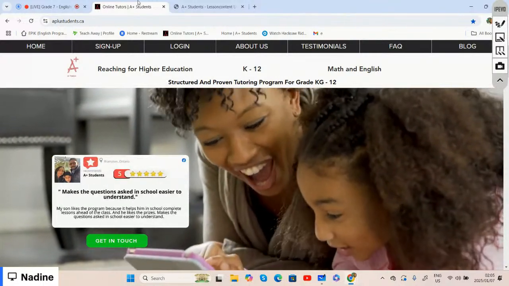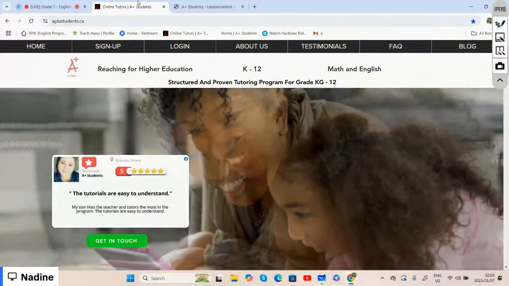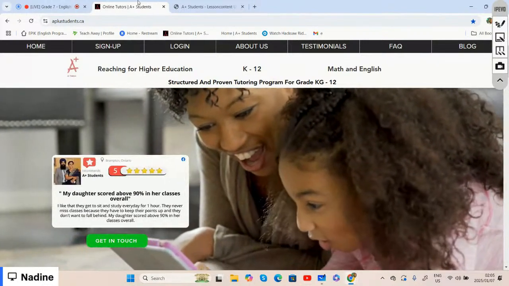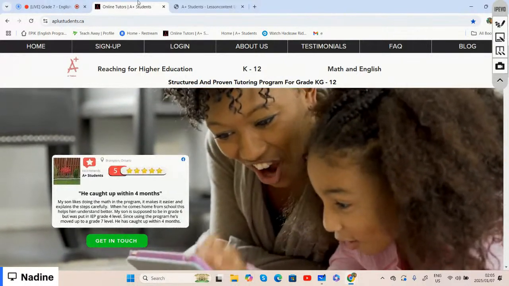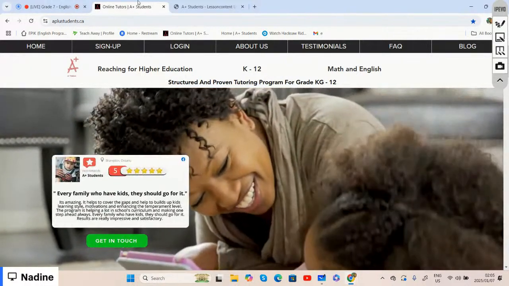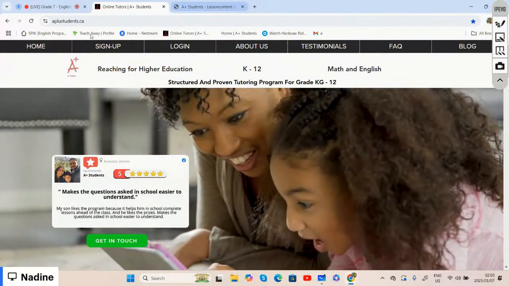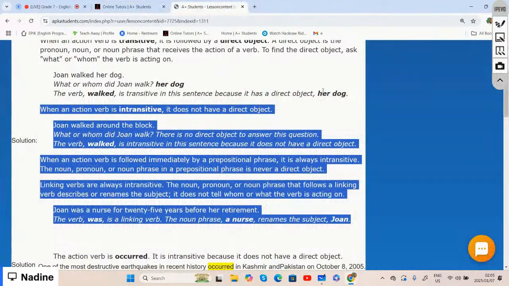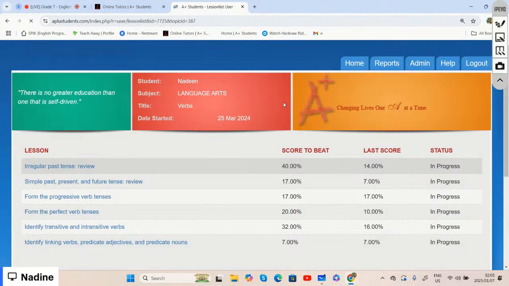We're doing grade 7. Then we're going to scroll down until we get to our chapter on verbs.